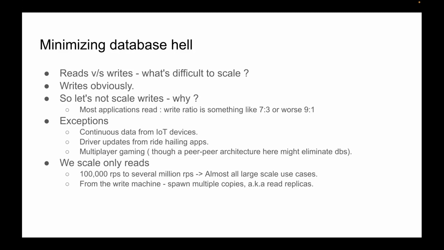So I could apply some logic where I say that from the write machine, I will make a copy of records 1 to 1,000 to machine 1, records 1,000 to 10,000 to machine 2, records 10,000 to, I don't know, 1 million to machine 3, some simple logic like that, right? And then all I need to do, whenever I get a read for record 10,000, is have the intelligence to go to machine 3 where it is located. Okay, some simple logic like this works.